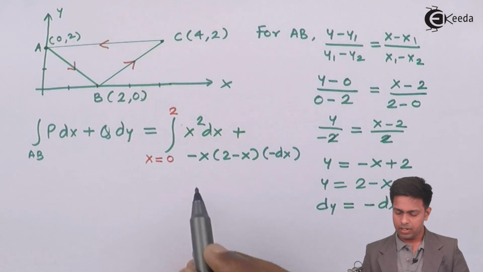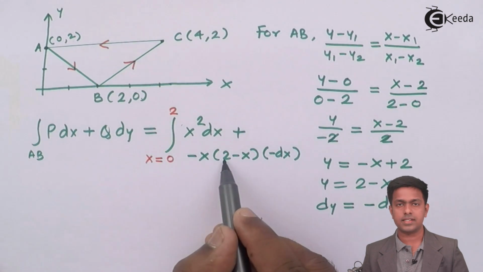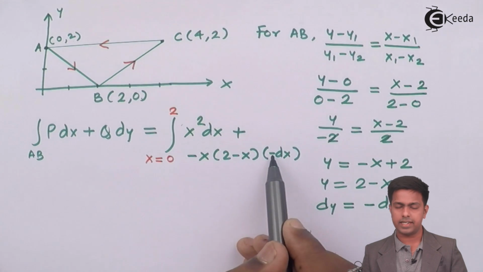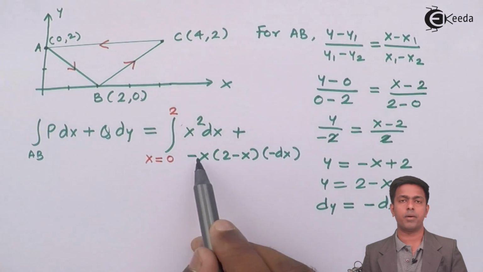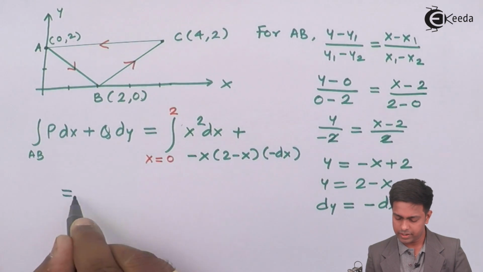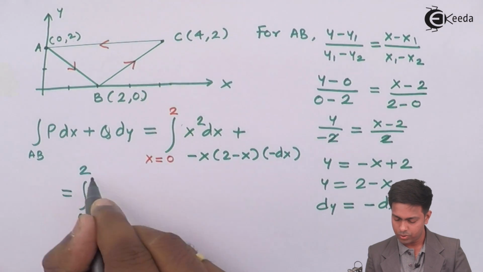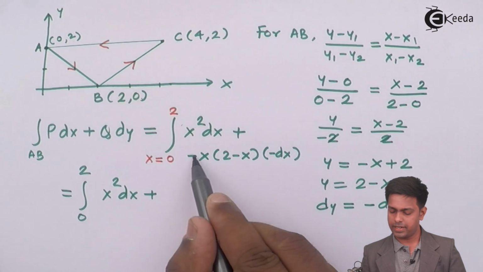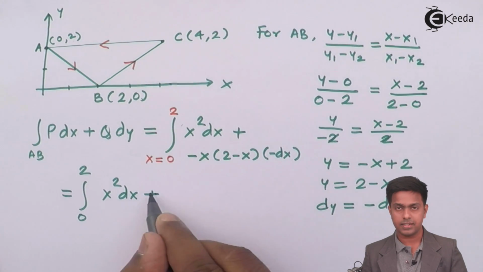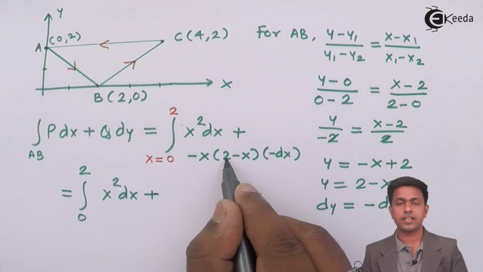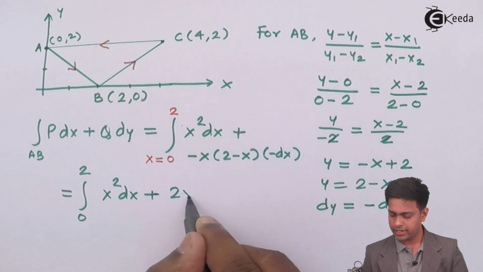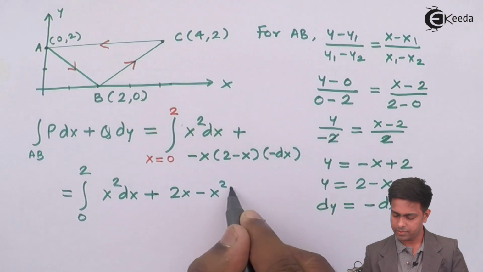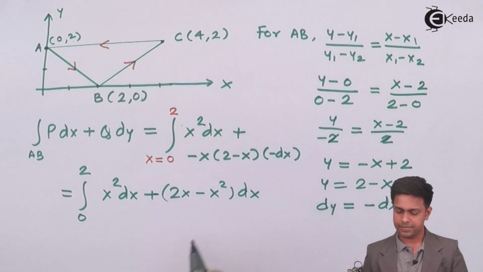So this will become negative 2x, and what I'll do is I'll take this negative sign with this negative sign, that will become plus. So here I'll write down the integration 0 to 2, this x square dx term as it is, plus, this minus and minus will become plus, and x into 2, that is 2x, and x into minus x, that is negative x square, and dx as it is.